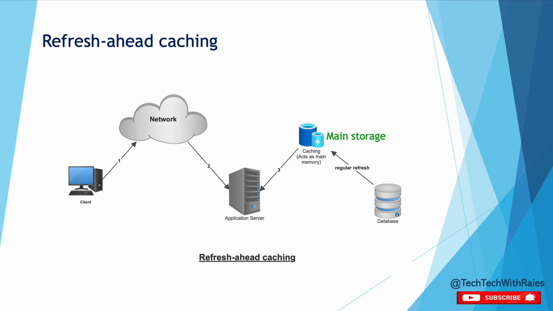Refresh-ahead caching. Like in the previous slides I told, out of these 4 caching techniques we have to use a combination of caching techniques to provide the best performance and optimized results. So refresh-ahead caching is one of the caching techniques which will be used in conjunction with the other caching techniques.